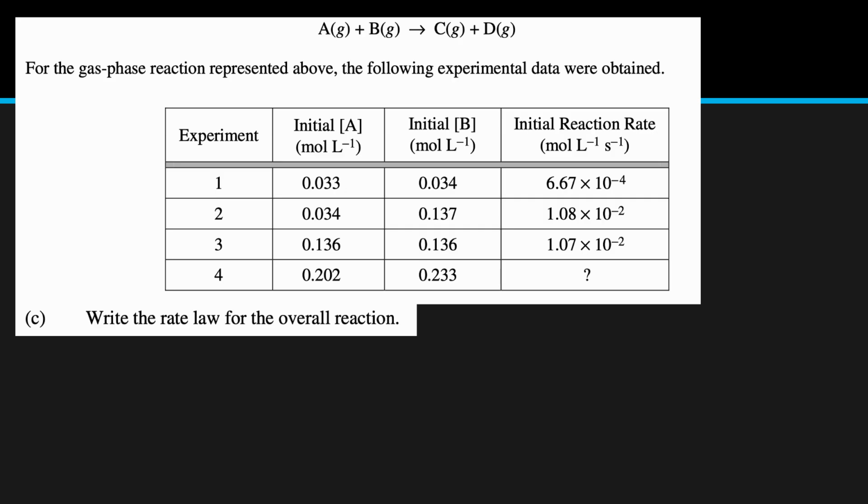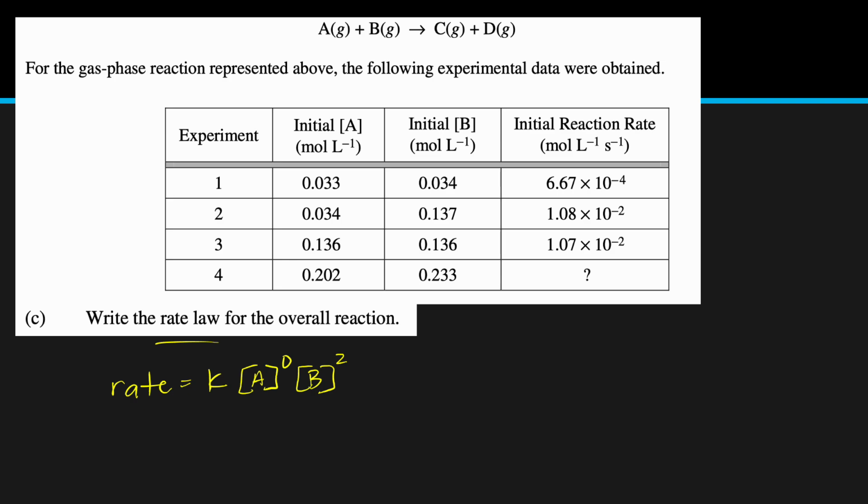So now it says to write the rate law for the overall reaction. So remember, whenever it's asking us for rate law, we're going to start with the word rate. Rate is equal to K times the concentration of our reactant raised to the power of the order. We found that A had a 0 order, and then concentration of B raised to the order, which we found out was second order.